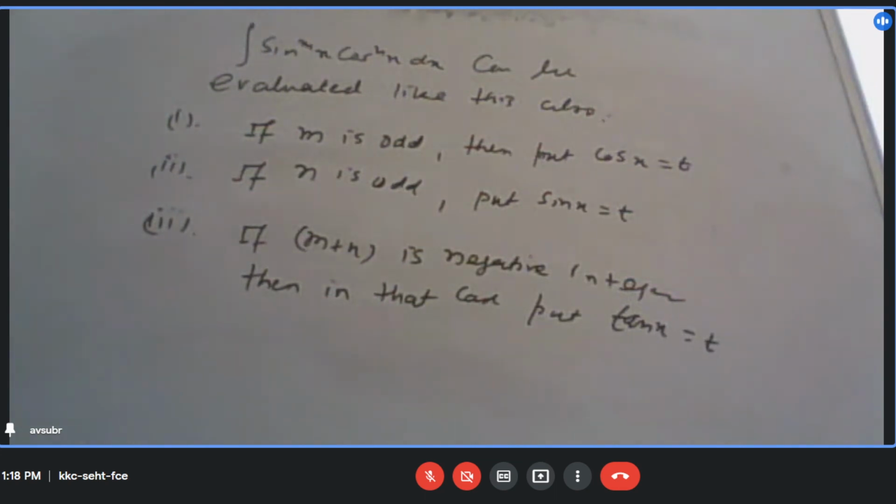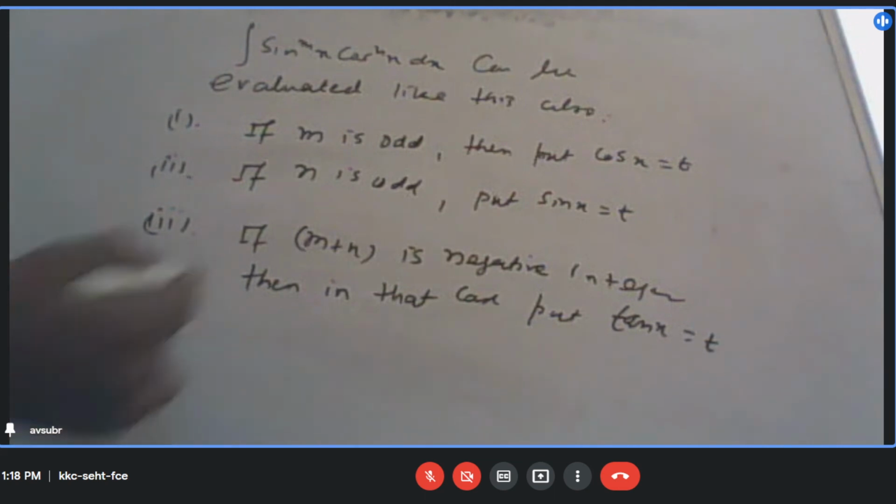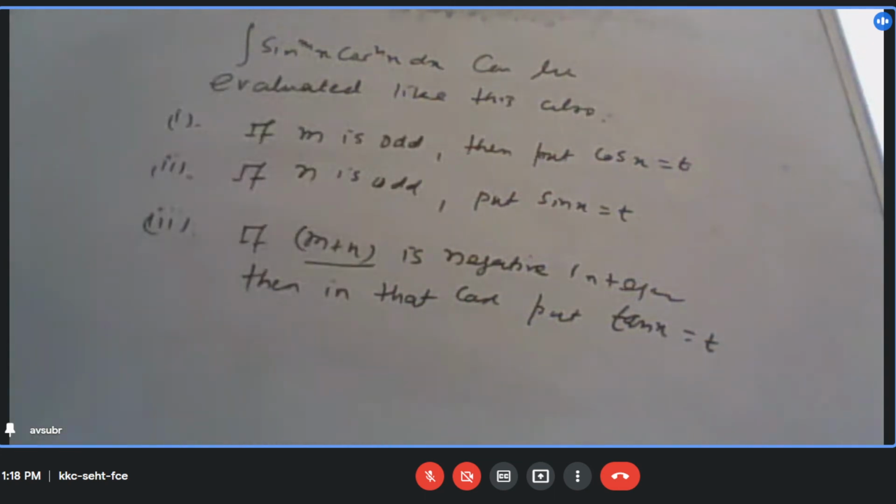So when you put tan x equal to t, you can solve it, provided the sum of the powers is a negative integer.